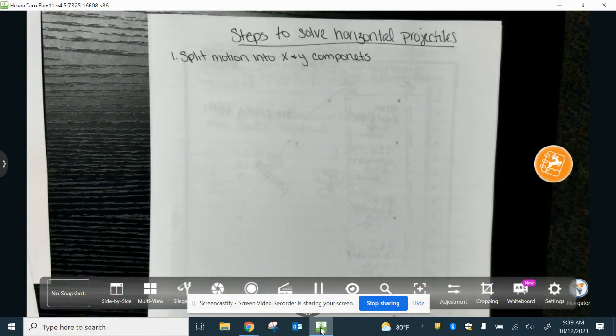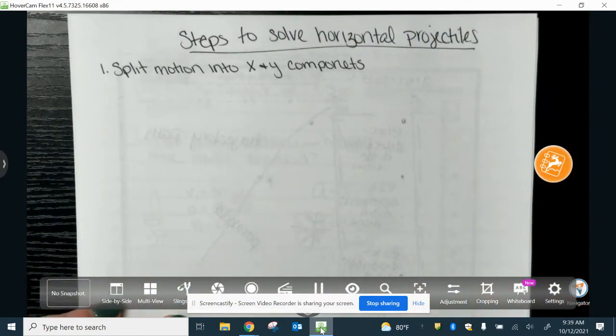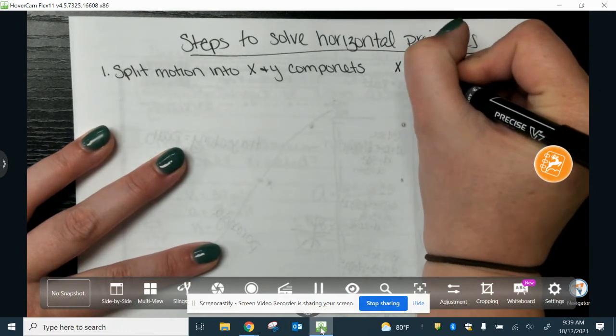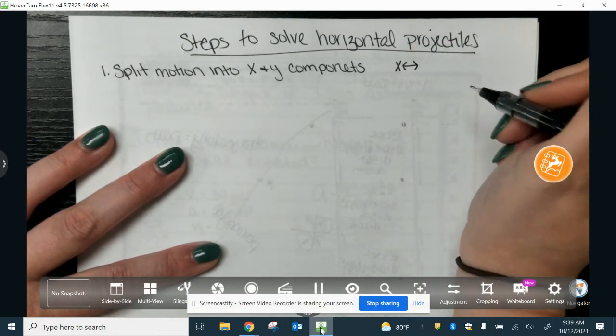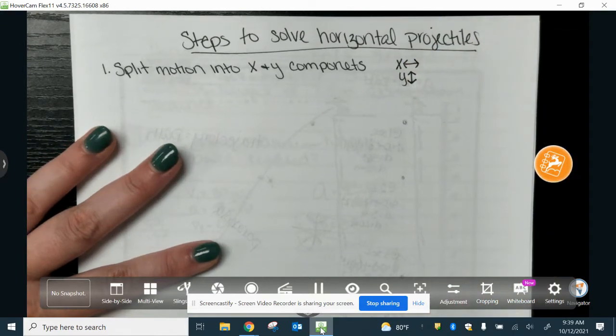We're going to split the motion into x and y components. As a reminder, x is side to side or horizontal. Y is vertical or up and down.